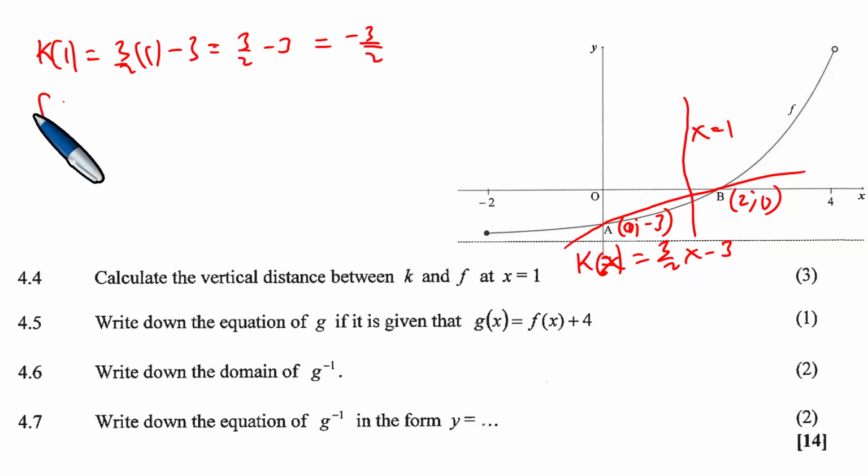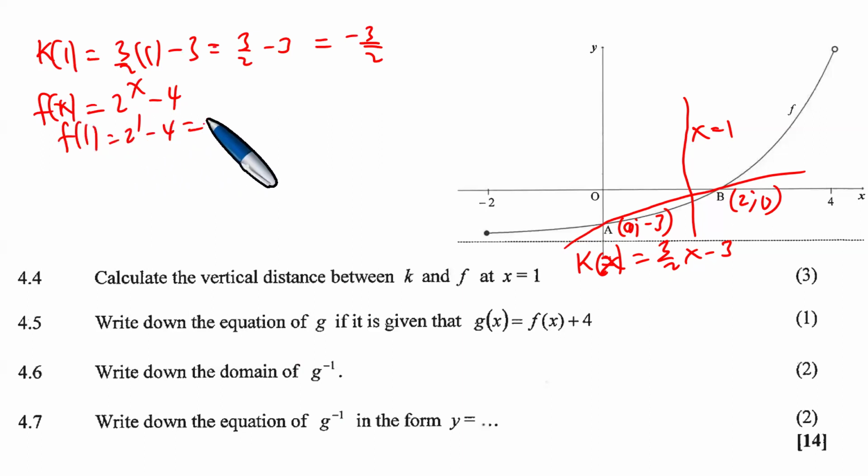We need to evaluate the function f at 1, where f of x is 2 to the power x minus 4. So f at 1 is 2 to the power 1 minus 4, which is minus 2.